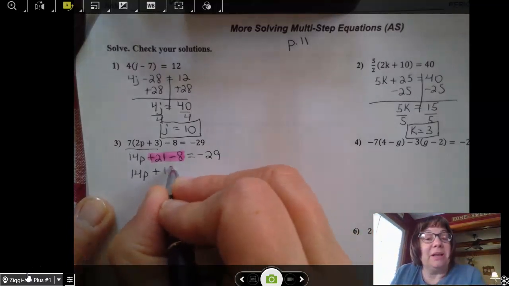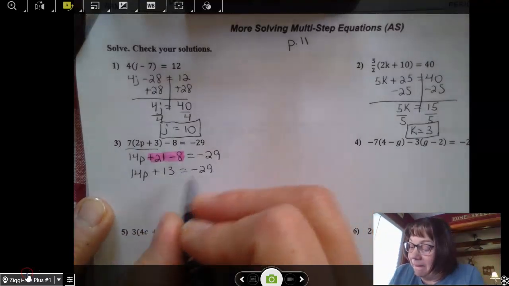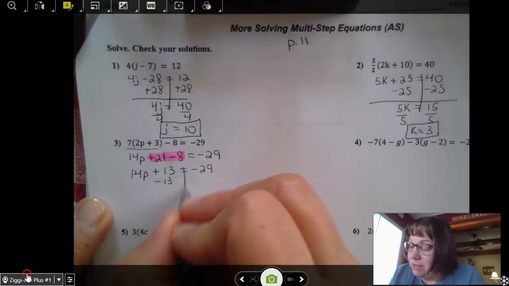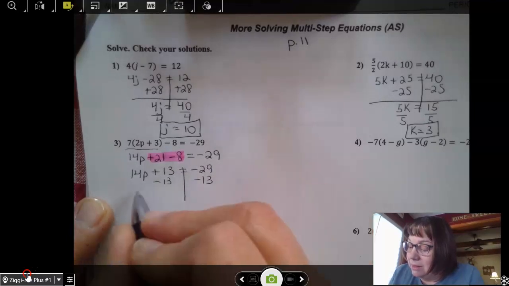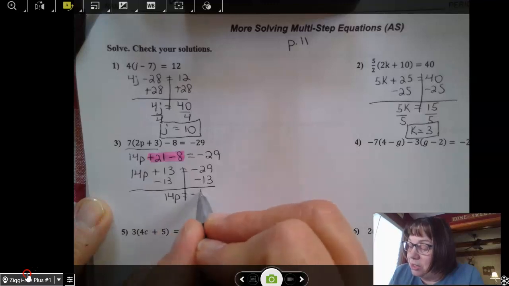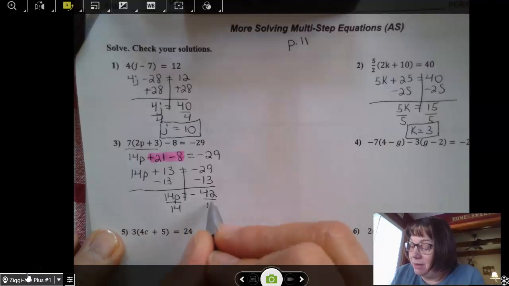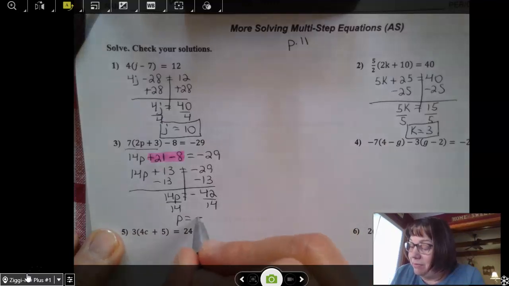So 14p plus 13 is negative 29. I would subtract 13 from both sides and get 14p is negative 42. Divide by 14, p is negative 3.